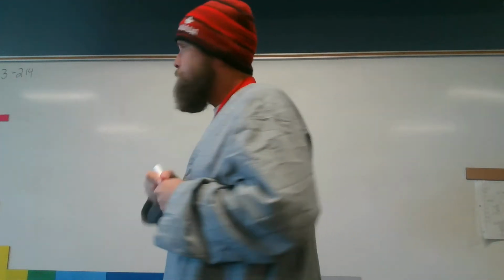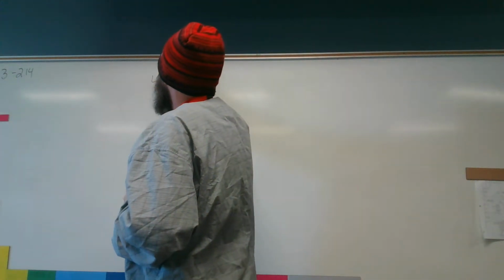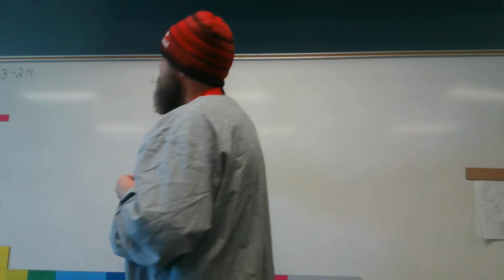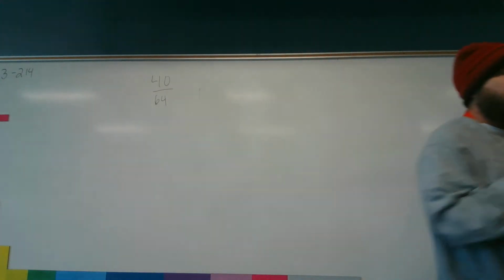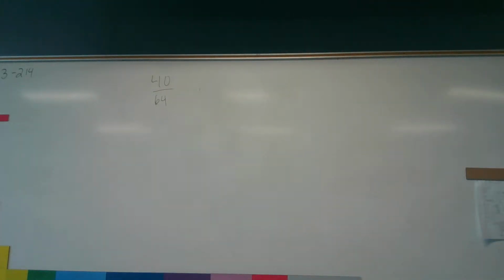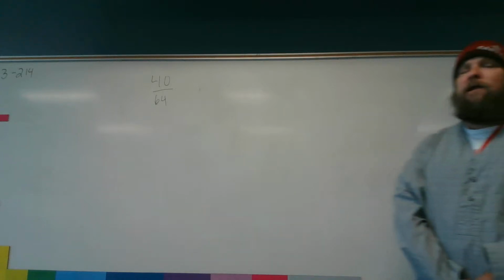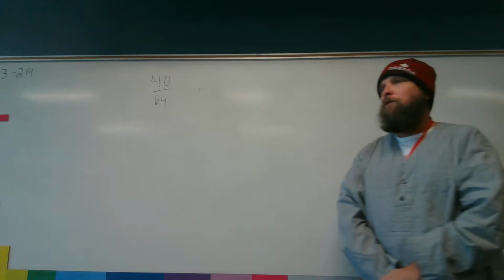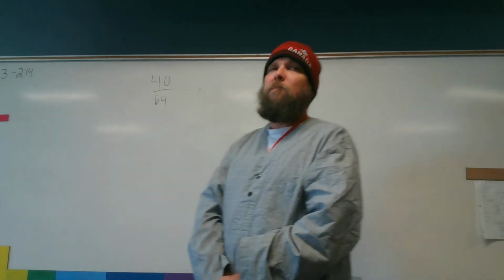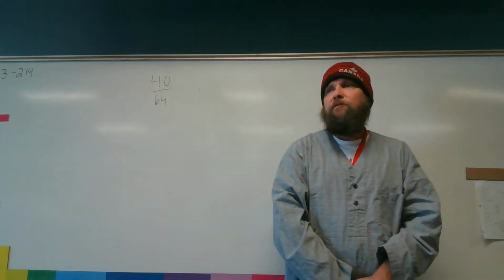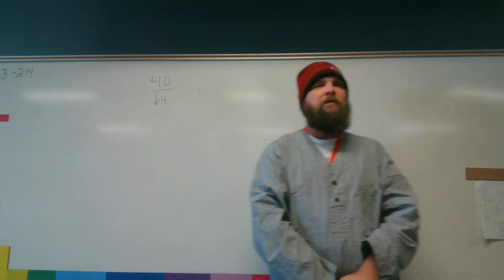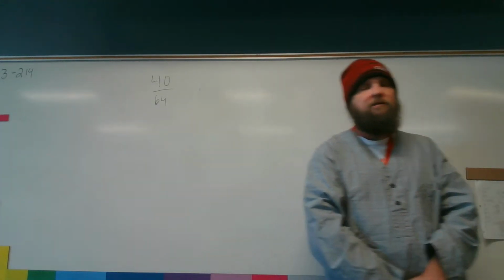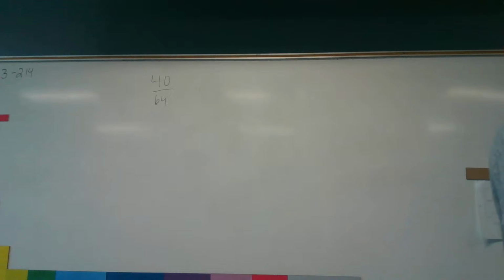The second one was 40/64. Now the beauty of this is we've already gotten 64 down on our paper. That's why I asked you not to erase your work. Because if you erase your work, then you don't have it to look back at, and when you come up to me and say, I don't understand this, I can't look at it and say, hey, this is where we went wrong.